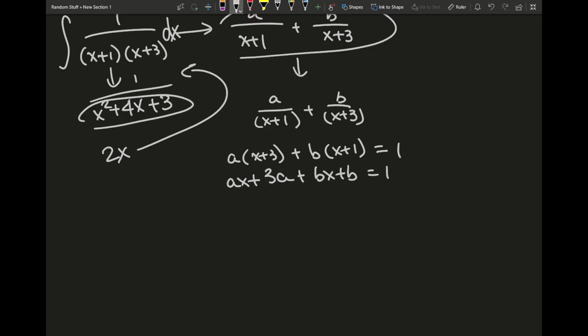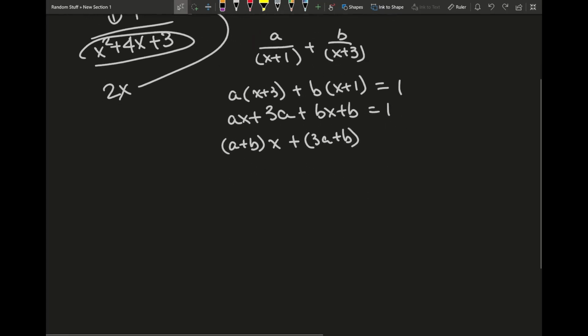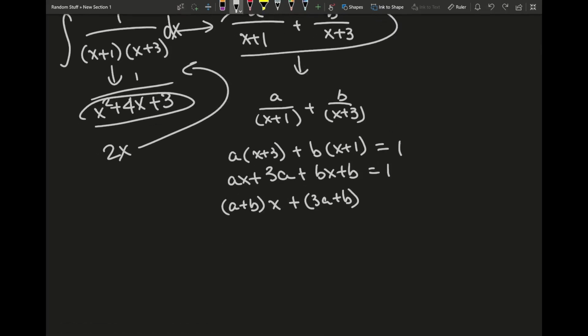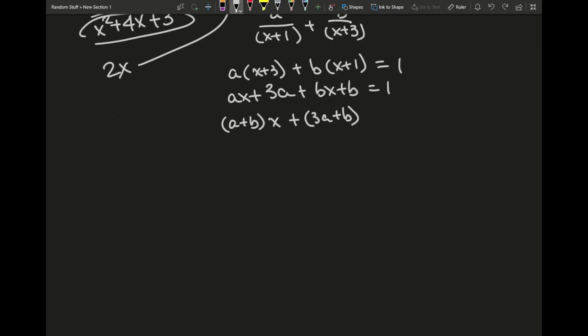Then we can take x as a common factor: (A plus B)x plus (3A plus B), because these are constants. We know that there is no x on the top, so this has to equal 0. So A plus B equals 0.